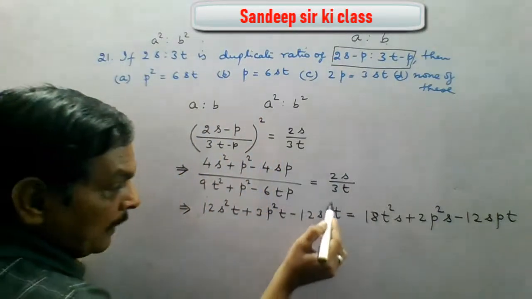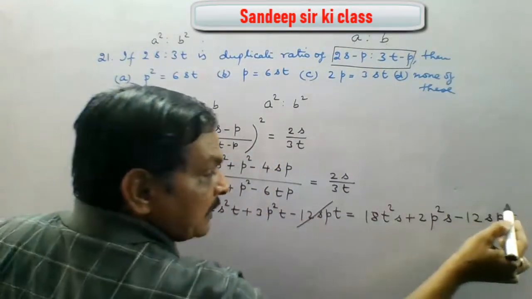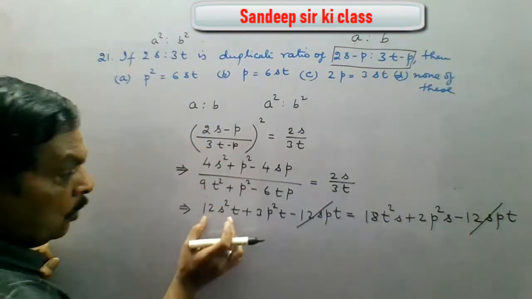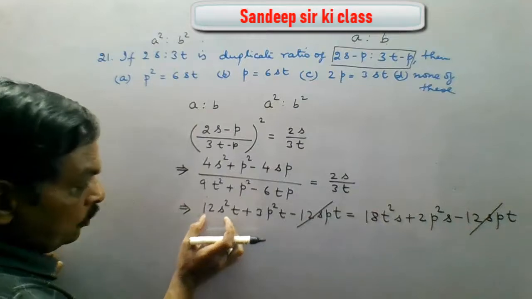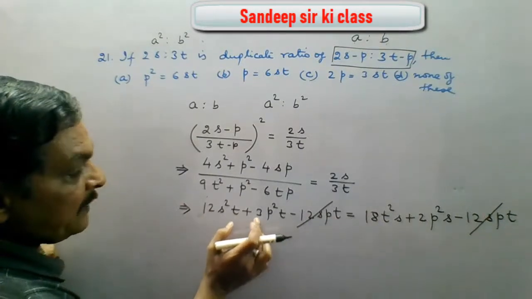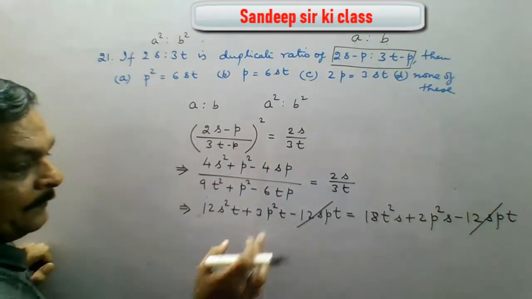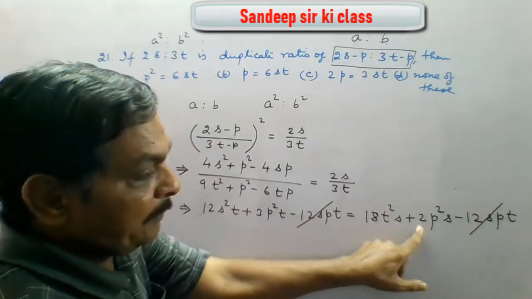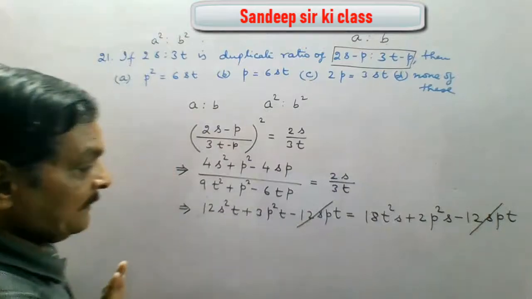Now minus 12spt, both the sides it is there, so it cancels out. Here I am having 12s square t plus 3p square t, and here 18t square s plus 2p square s.